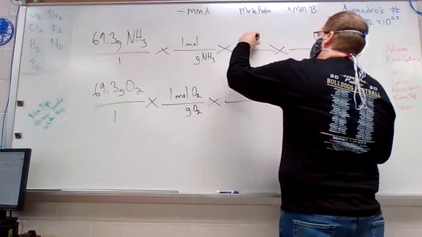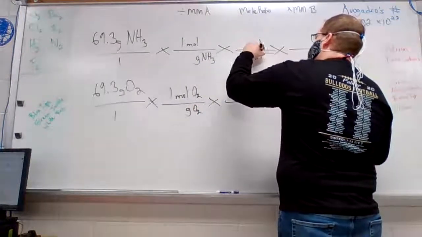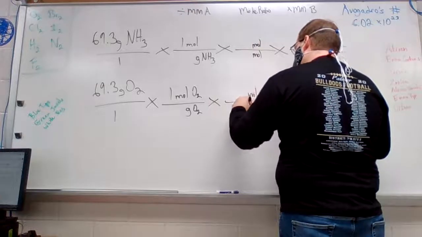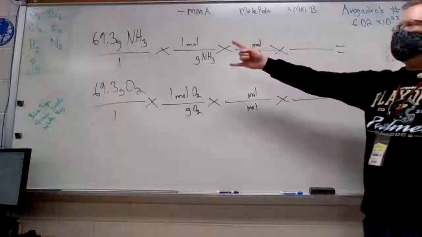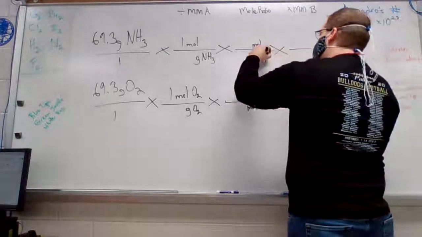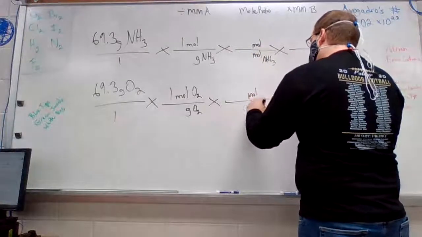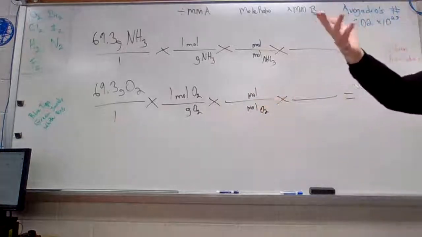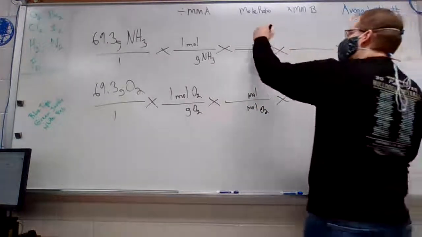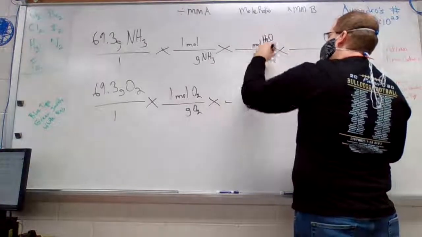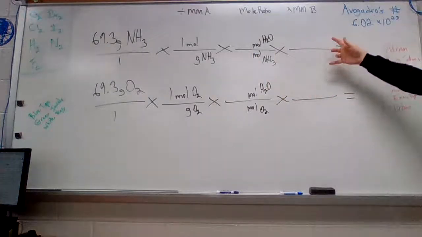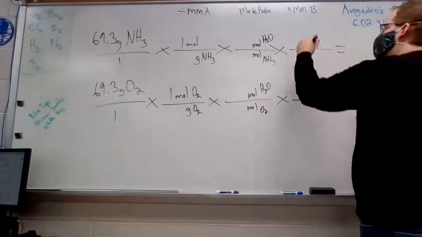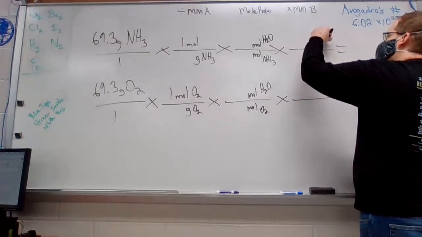And then I need my mole ratio set up, which has to be B over A. So my chemical A's go on the bottom, NH3 and O2. My chemical B, they told me I need to go to grams of water, so H2O needs to be on top. And the last thing I need to do is multiply by the molar mass for H2O, water.